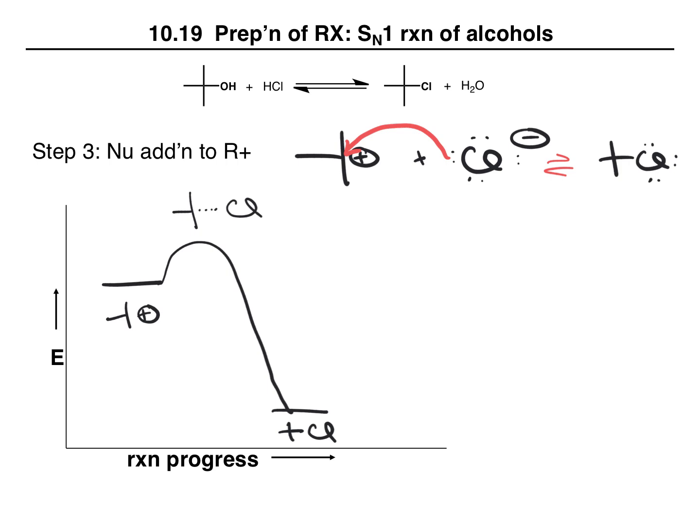And so rather than having a full positive charge, this carbon will have a partial positive charge. And the chlorine, instead of having a full negative, is going to have a partial negative. And then this would be the activation energy for step 3.